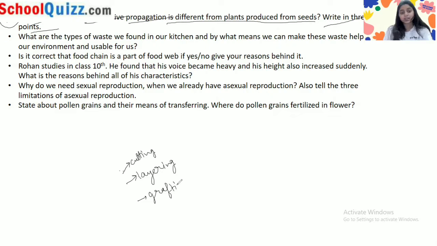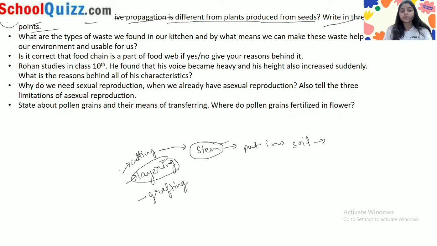So what is cutting? In cutting, we take the stem of the plant and put it in the soil, and it grows. We also give it manure, cow dung, and water so it can grow. So in cutting, the stem is used to produce the plant.